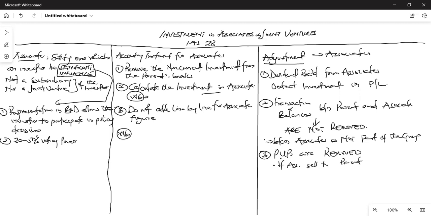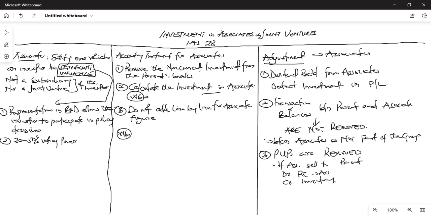We are going to debit the retained earnings, the group retained earnings, that is the associate. And we are going to credit what? The inventory. So that is what we do. So note this very, very carefully.